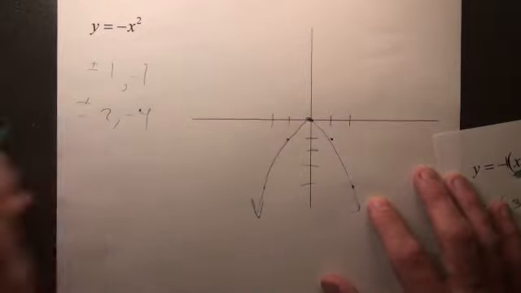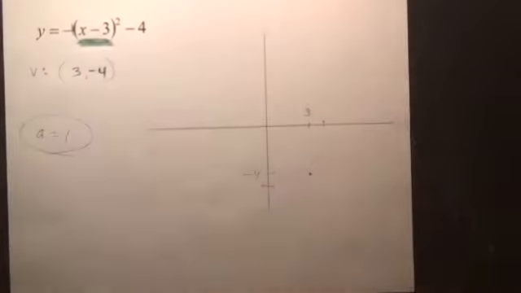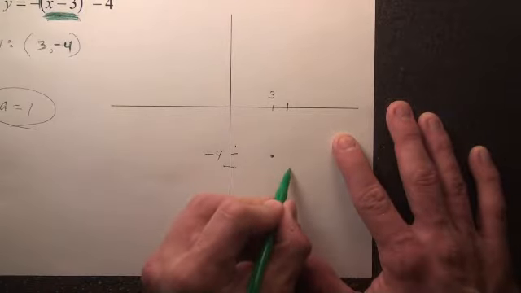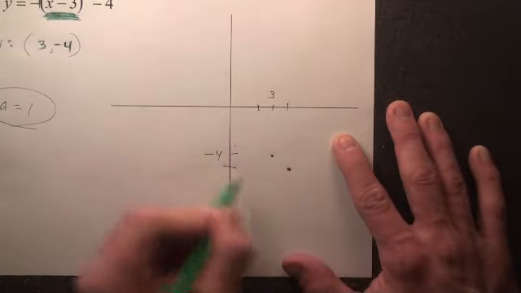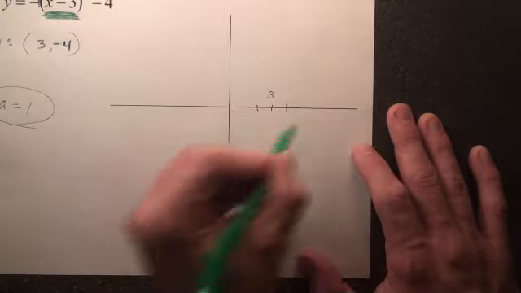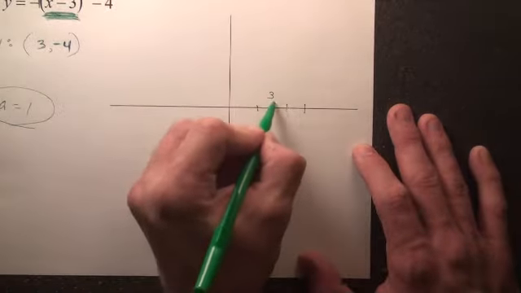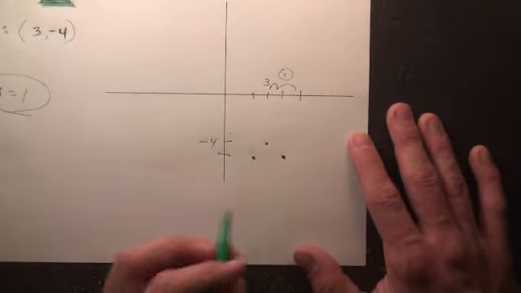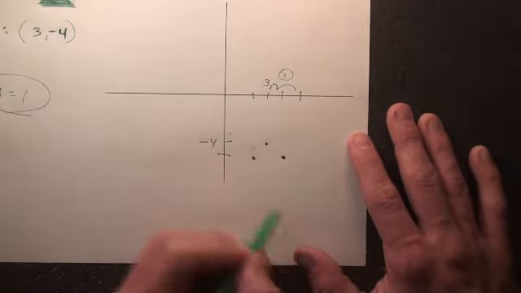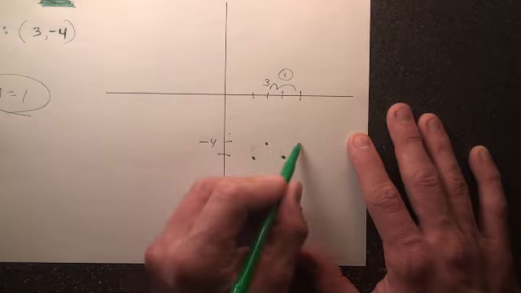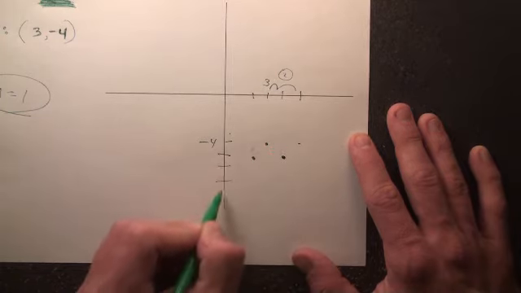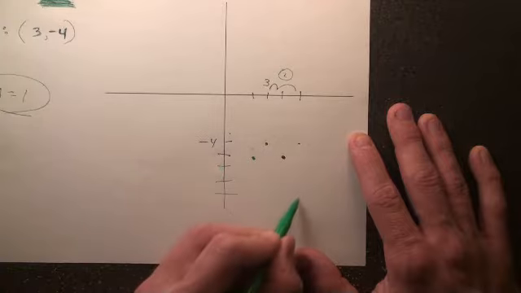Of course, plus or minus. Okay? So we're going to go over to a 4. That's going to take us down to a -5. Go over to a 2. Take us down to a -5. Go over to 5, which is what? 2 away from 3. Instead of going up 4, we're going to go what? Down 4. To the right 2 from here, down 4. So that's going to take us to a 5, 6, 7, and -8.